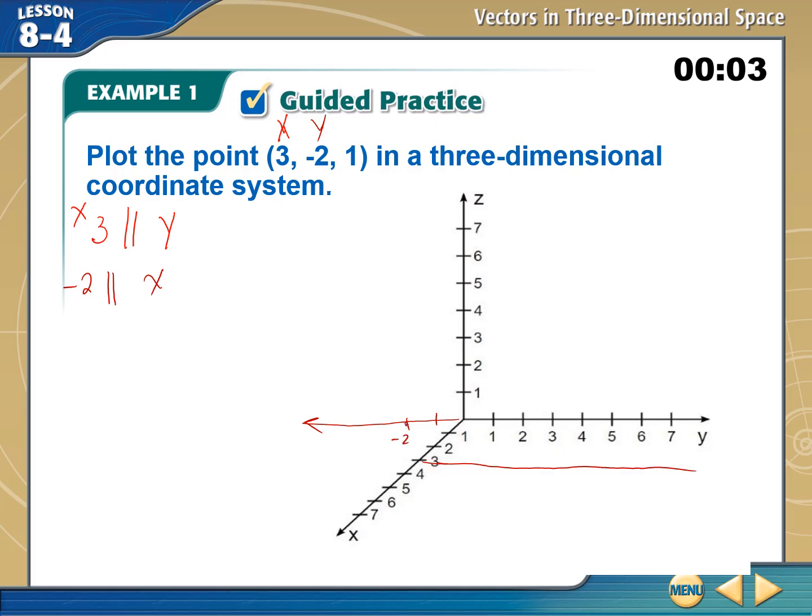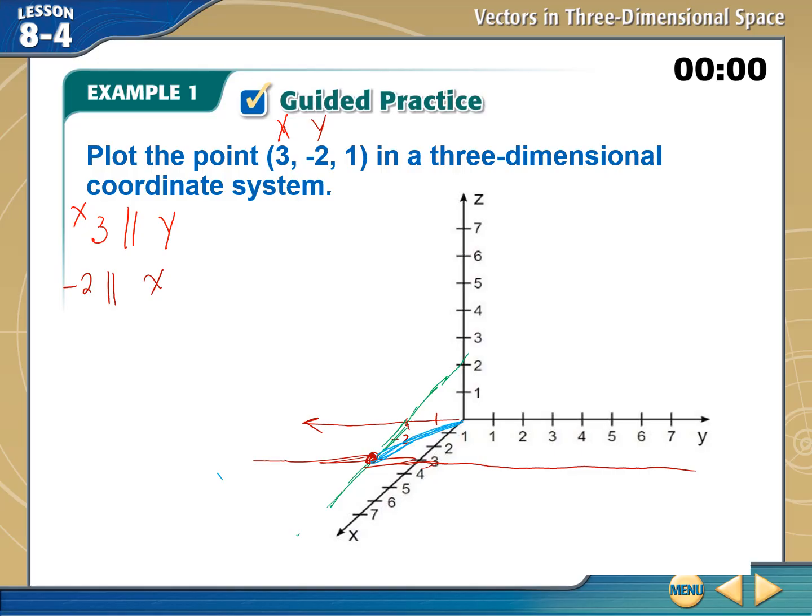This -2 on the y should be parallel to the x-axis. Just extend this red line, because the meeting point is our new point. Now, because we have the z, join the point where the two lines meet with the origin. So here is the blue line.